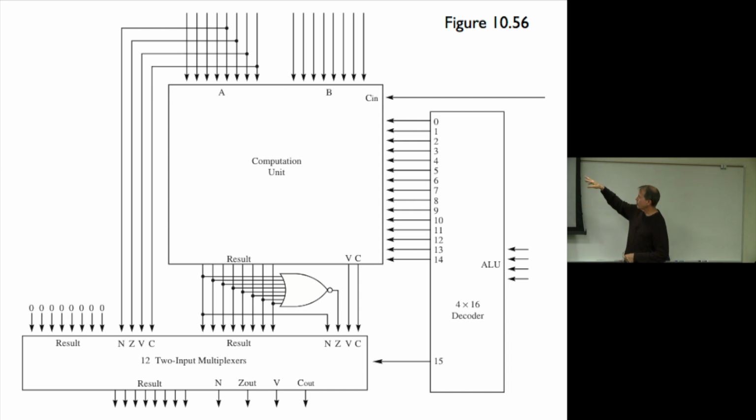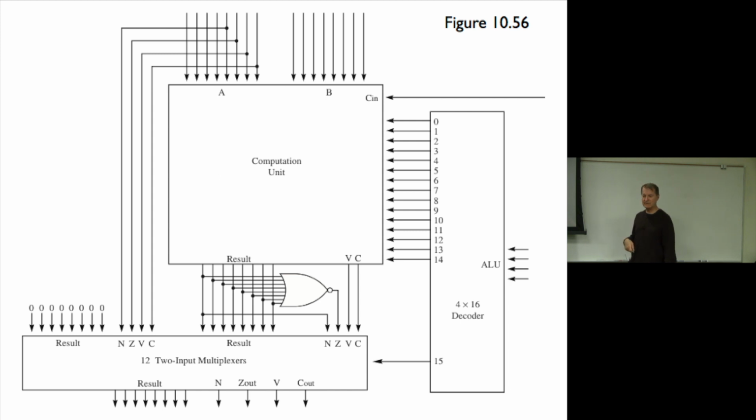Anyway, and then we see the individual lines for A and B on the top, and we see that A4, 5, 6, and 7 are tapped off, and they go into the NZVC of the bank of 12 2-input multiplexers. And we understand now that the N on the left group of the NZVC corresponds to the N of the right group, and depending on whether 15 is 1 or 0, one of those N's or the other will go to the N output.